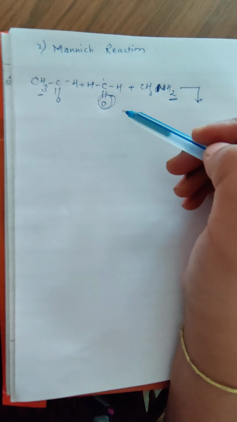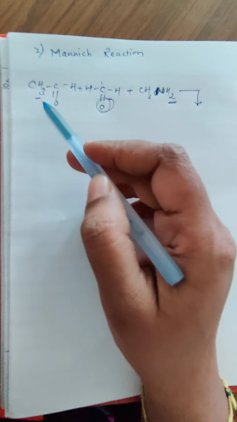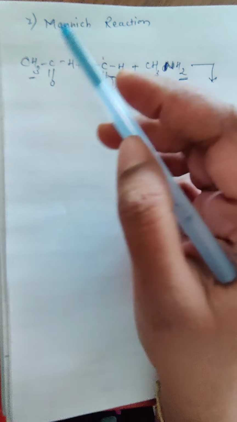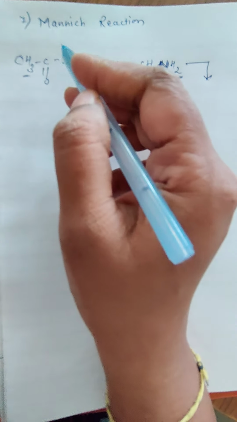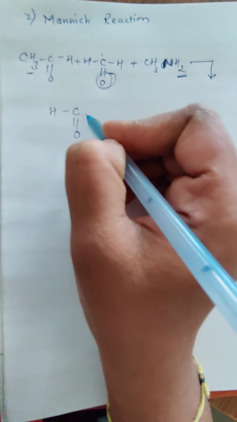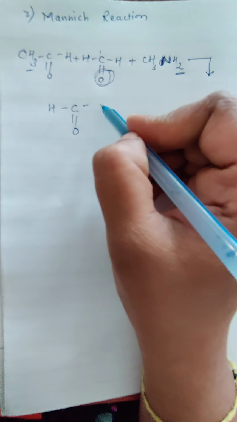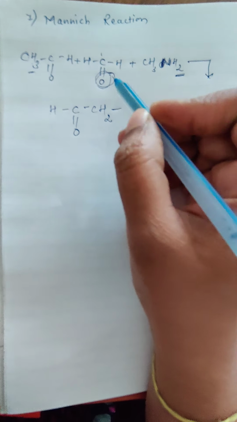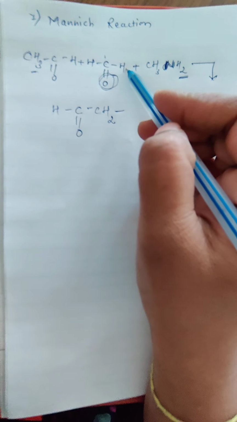So H2O is removed here, and after that we take out hydrogen from here, and I am writing from this end: HC double bond O. If we remove H from here, we get CH2. Then we write CH2.